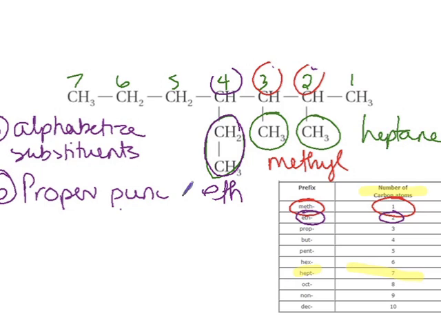So, we need to name this. We finally are ready to give it a name. Last time I checked, ethyl comes before methyl. And we have to put the numbers in front of their groups. So 4-ethyl.